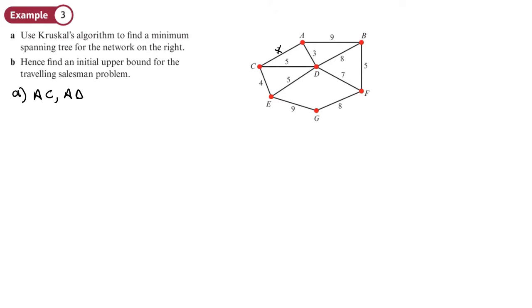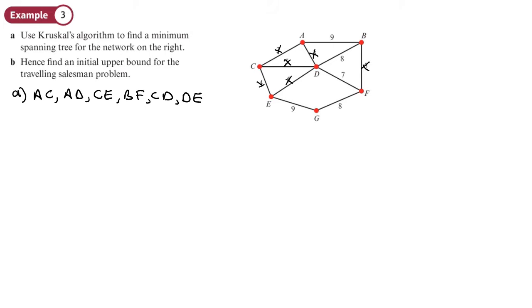I'll uncross them afterwards. Then I've got CE, which is 4, so we'll add that on. Then we've got 3 that are 5, so let's put them in alphabetical order, BF, CD, and DE.